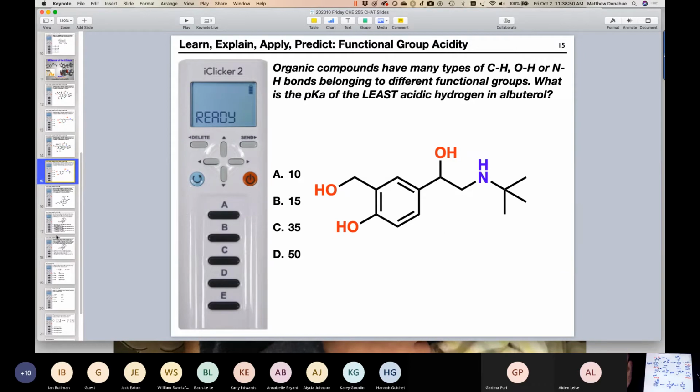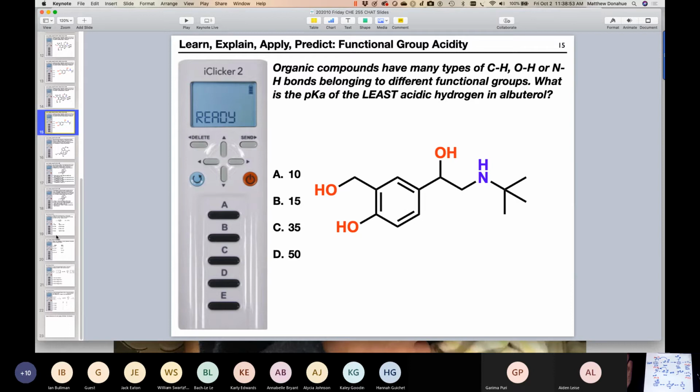Any questions on that before I flip to some other slides regarding acid-base reactions?